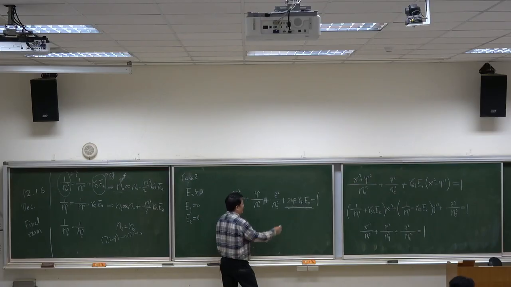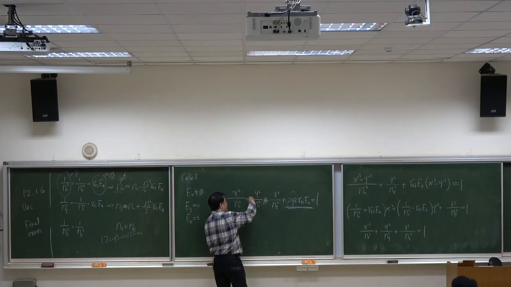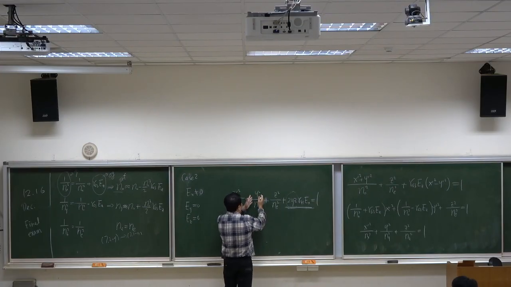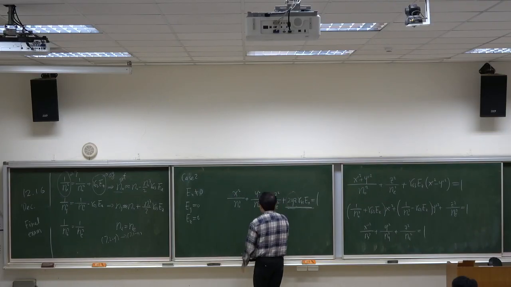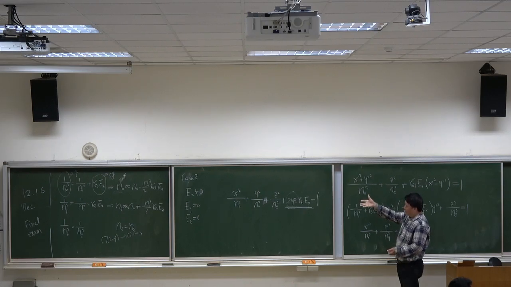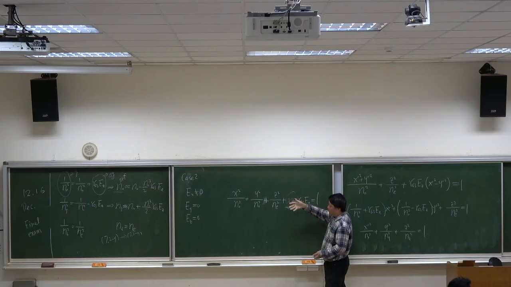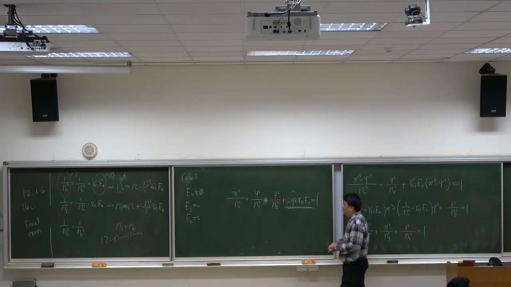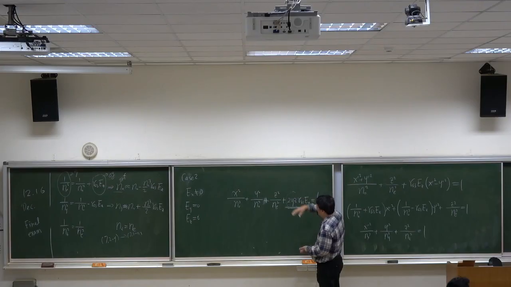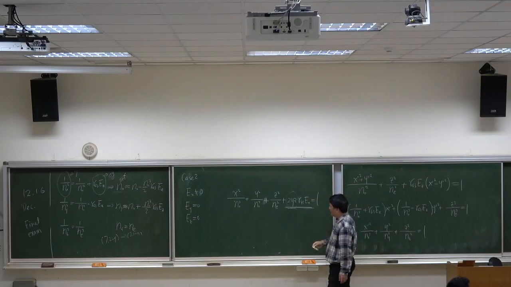Now the coupling term, this term 2yz. However, the coefficient of y squared and the coefficient of z squared are different. This means that we cannot as easily as before rotate 45 degrees to decouple this and get the quadratic terms.